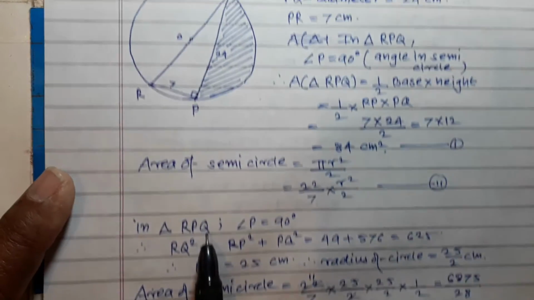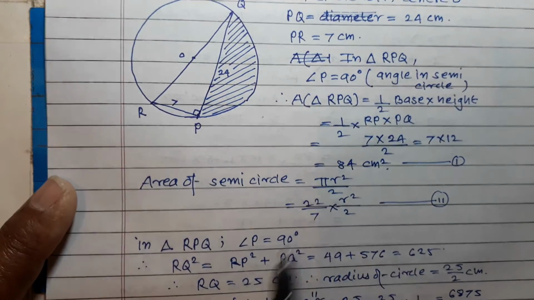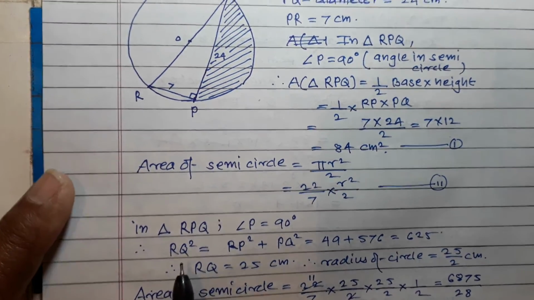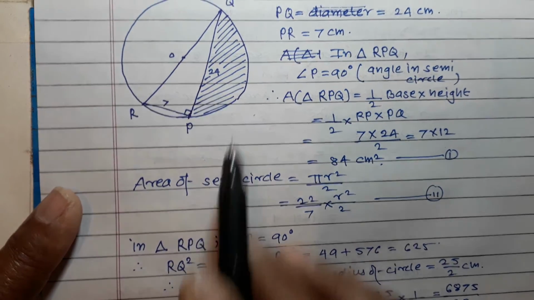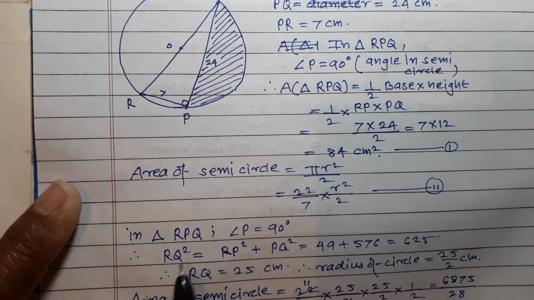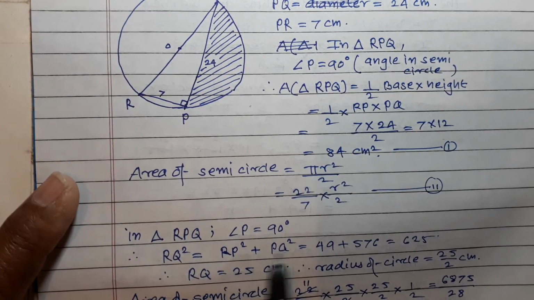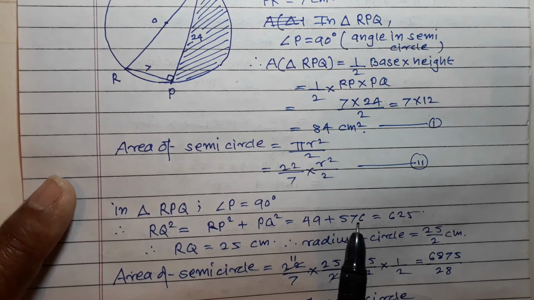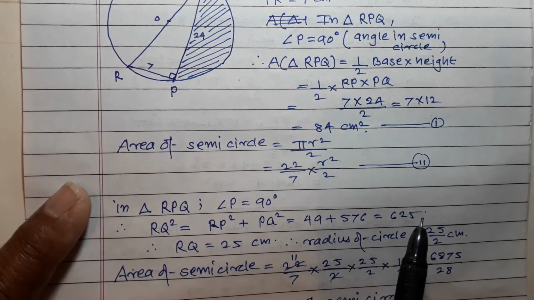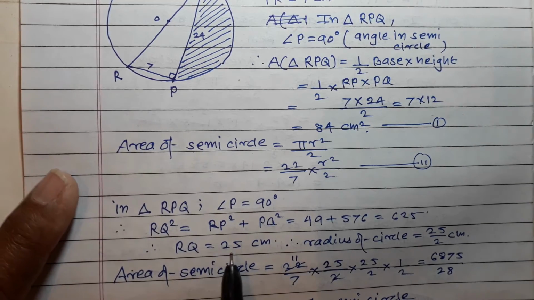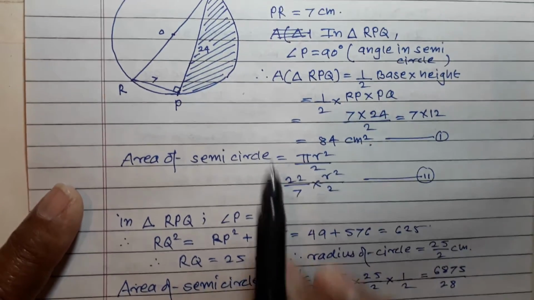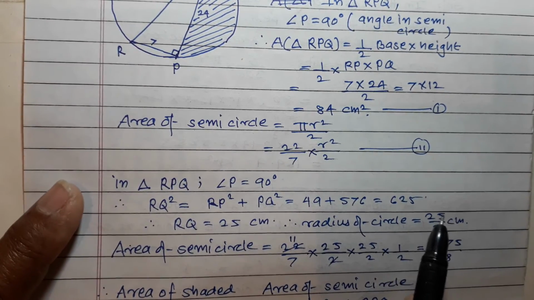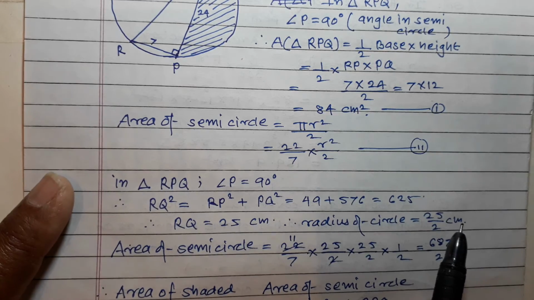In triangle RPQ, angle P is equal to 90, and therefore RQ square is equal to RP square plus PQ square, is equal to 49 plus 576, is equal to 625, and therefore RQ is equal to 25. So this is the diameter, and therefore radius of circle is equal to 25 upon 2 cm.